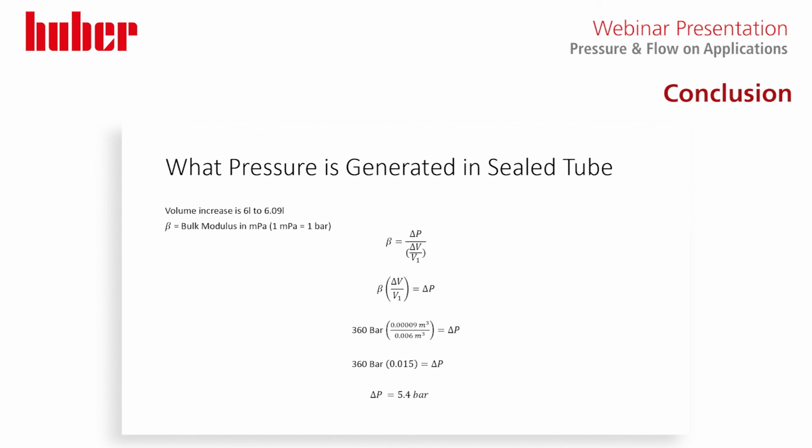So we need to do 360 bar times our delta V, our increase in oil volume, over the original oil volume. And what you'll find is, by just increasing by 90 milliliters in a sealed tube, the hydraulic pressure we're applying to that glassware is about 5.4 bar.